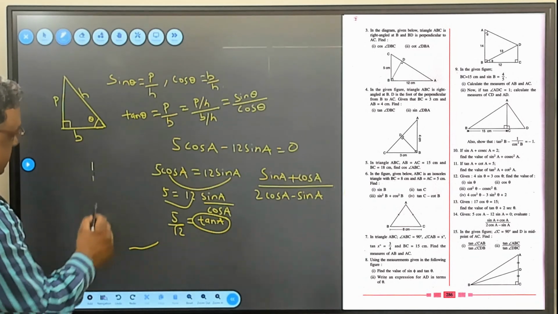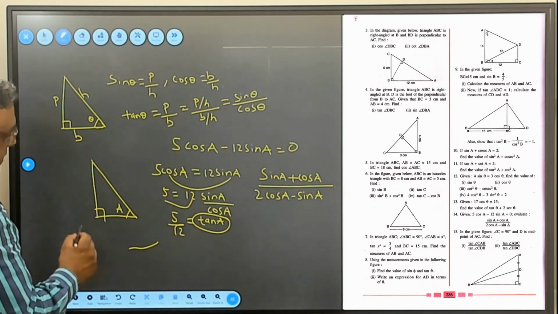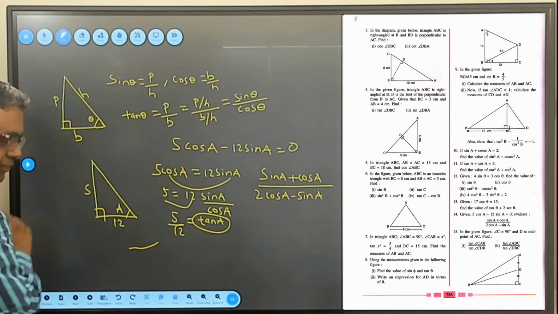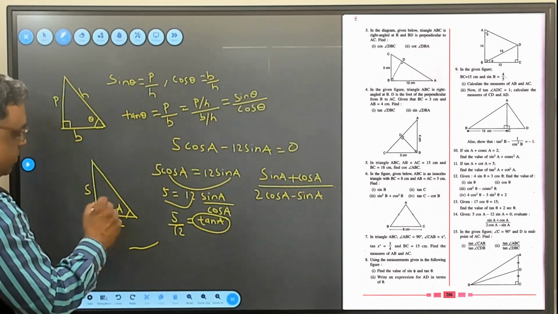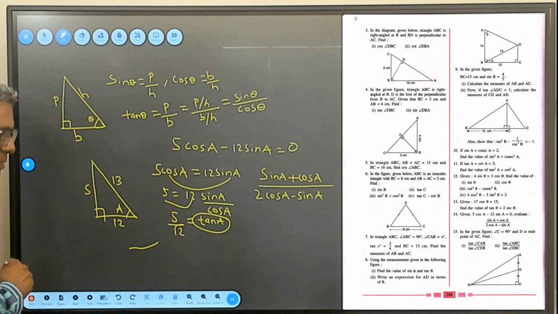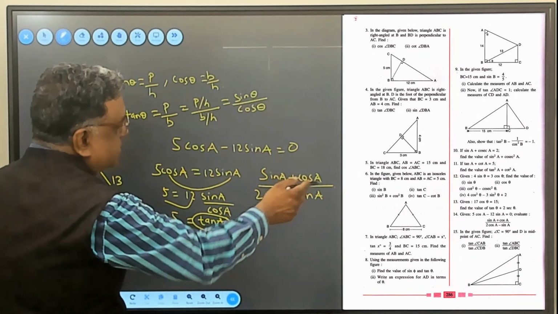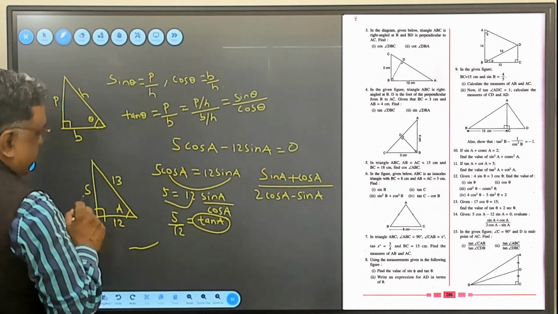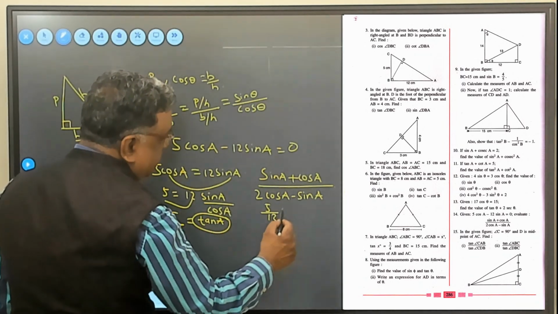So I will construct a triangle now. This angle is A, this is 90. Tan A is what? Opposite upon adjacent. Now this is a right angle triangle, so if I do the Pythagoras theorem, this will come out to be 13. Now I have been asked to find sin A plus cos A upon 2 cos A minus sin A. So what is sin A? Sin A is opposite upon hypotenuse, which is 5 upon 13.